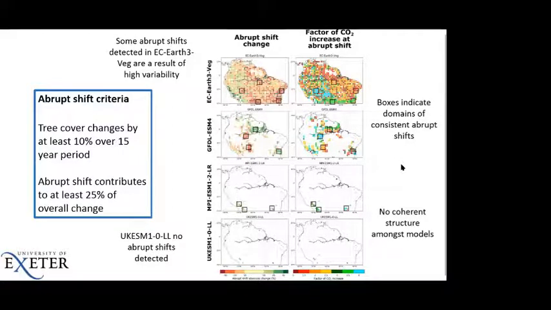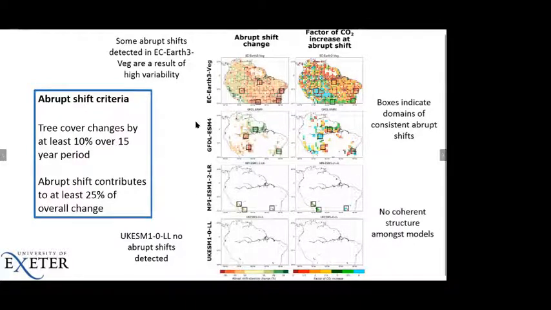And then this abrupt shift has to contribute to at least 25% of the overall change. Now, this left column of maps shows the amount of the abrupt shift. Again, we've got red colors to denote a decline in tree cover and green to denote an increase in tree cover. And then the stronger the shading, the stronger the abrupt shift.